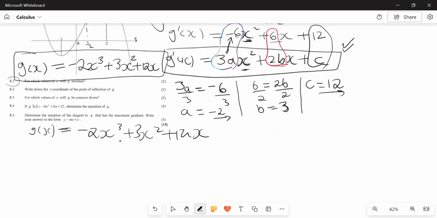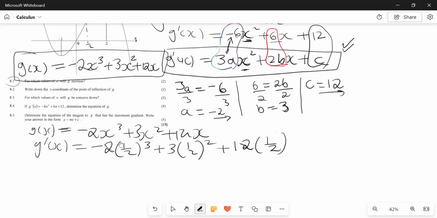But wait, this is not the derivative. So we have g of x, and then we substitute 1/2.